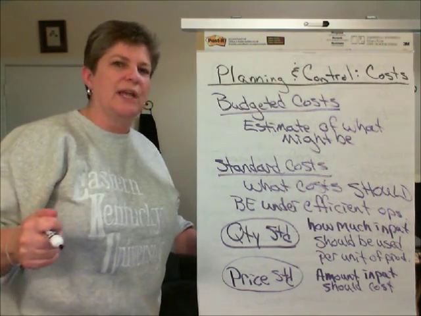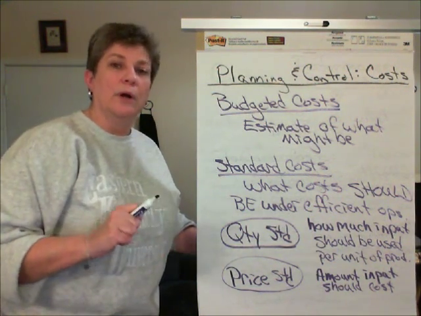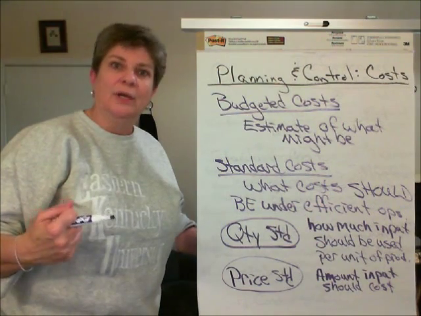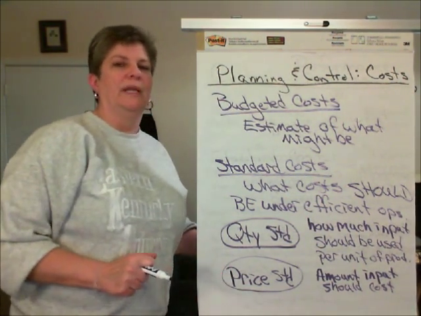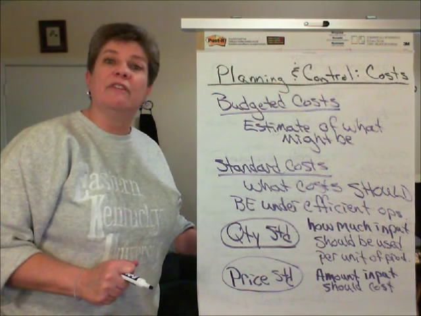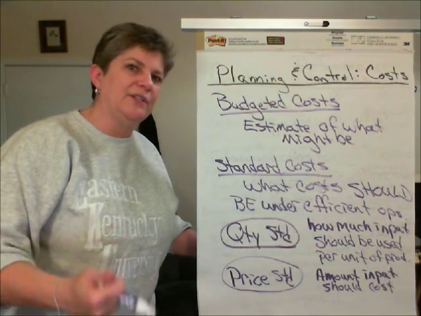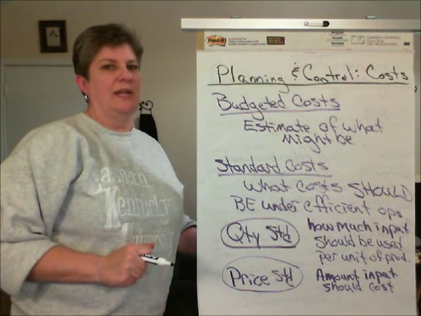Those cash discounts would reduce what we should be paying for our raw materials. Do we buy in bulk? So that quantity discount should enter into determining the price standard. Do we have to pay delivery charges? Then those delivery fees to get the materials to us should be part of our price standard.